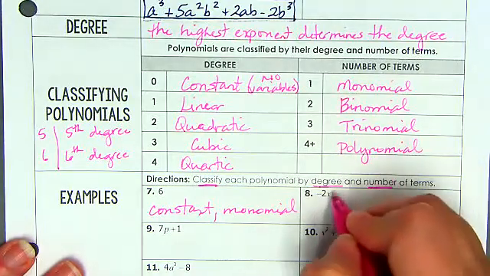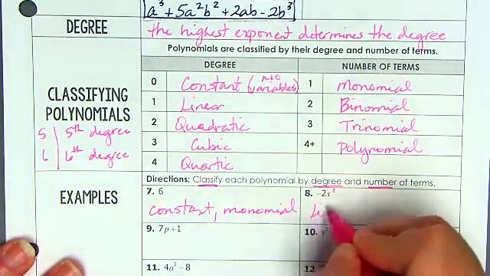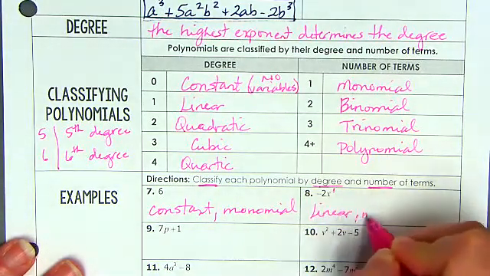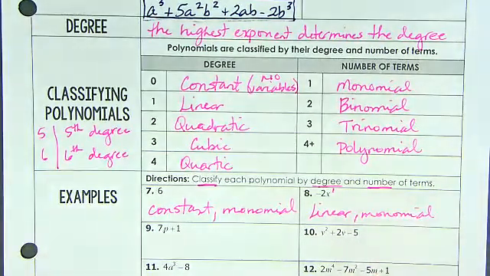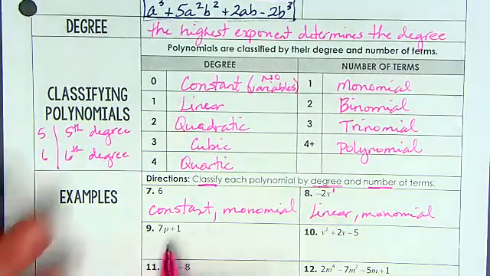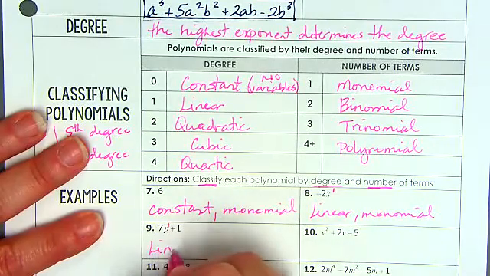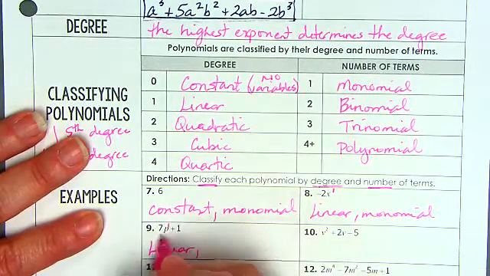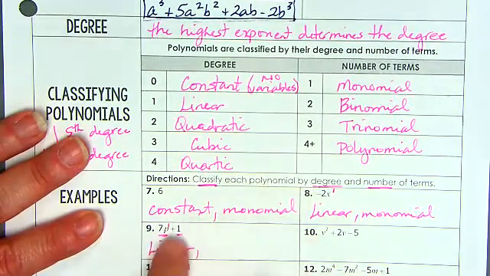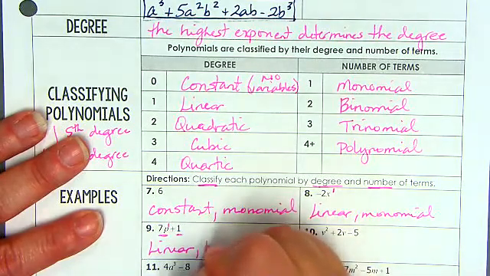The variable only has an exponent of 1, so this is a linear monomial. 9, this has 2 terms, exponent of 1, so this is linear, and yes, you write the full word. Linear, this is 2 terms, because that's 1 term. When it's divided by plus or minus, that separates the terms. And this is a binomial.